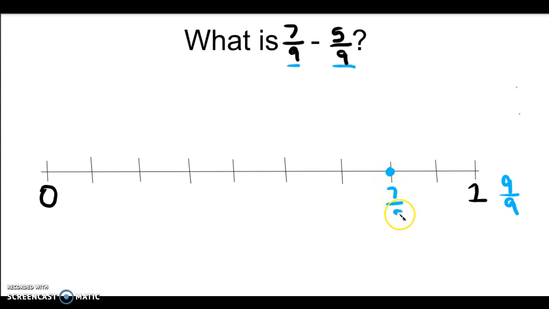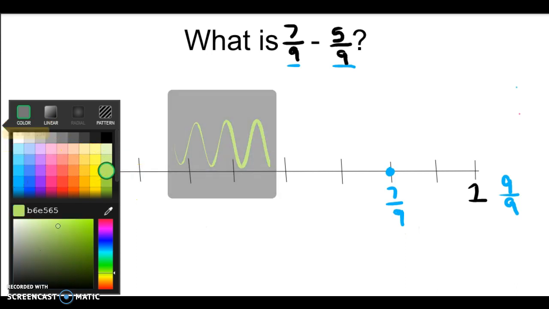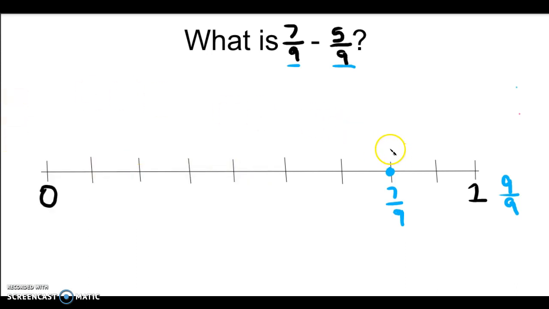Alright, so this problem wants me to take 7/9, and then it wants me to take away 5/9. So if you remember when we were adding fractions, we went in this direction, right? Because adding makes our numbers get bigger. But since we're subtracting fractions, we're going to be moving in this direction because we're going to be taking away, so our number is going to get smaller.